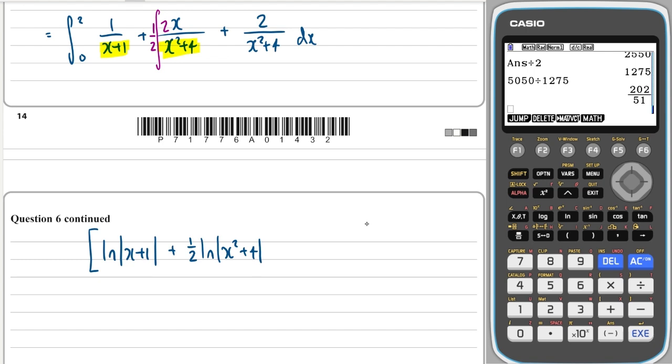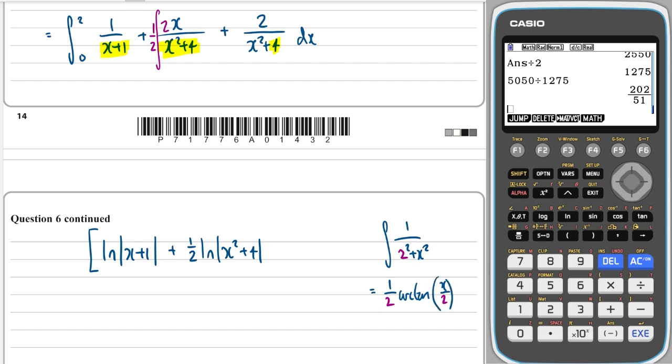And we know from our formula booklet that the integral of 1 over a squared plus x squared is equal to 1 over a arctan of x over a. So in this instance we're adding 4 to the x squared. So a is 2, which means this is a 2, which means this is a 2.